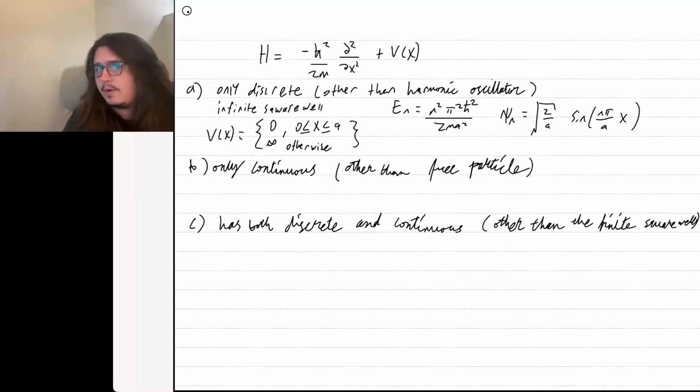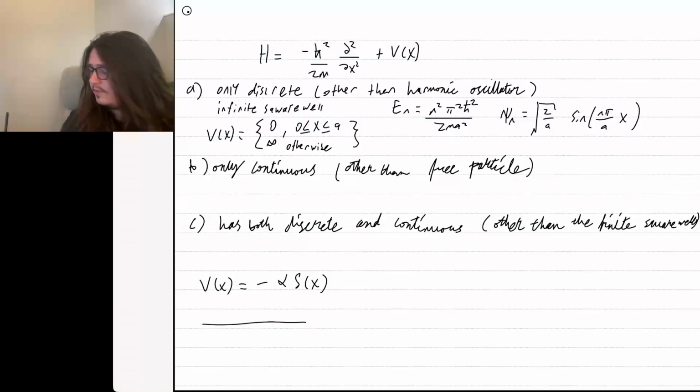But before I do that part, I'm going to talk about the answer for part C, something that has both discrete and continuous eigenstates. Because if you remember the delta function well part of the textbook, that is the potential V of x equals minus alpha delta of x.